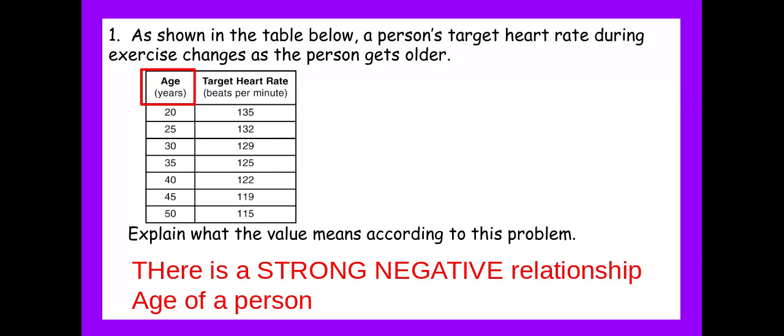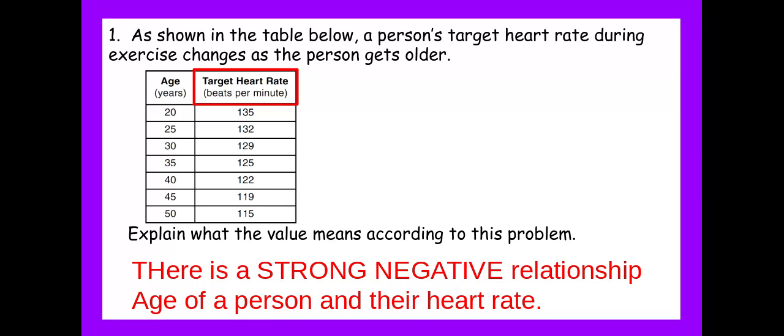And then we look at the X column or the list 1 of between the age of a person, just use those words. And then we say, and their heart rate. We use the title of the other column to come up with the actual meaning in the context of the problem. So it's just really tying a lot of things together and using tables and titles to come up with your information.